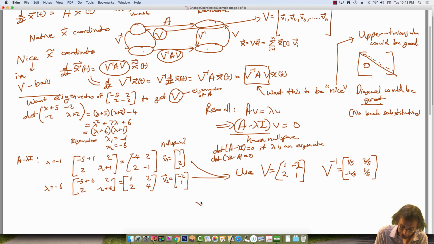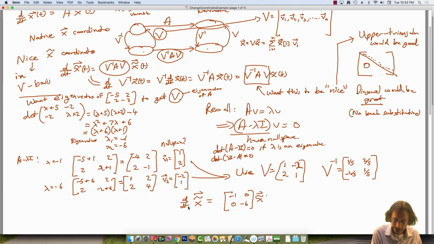So our x tilde differential equation, d by dt of x tilde, is just going to be the diagonal matrix of eigenvalues, minus 1, 0, 0, minus 6, times x tilde.